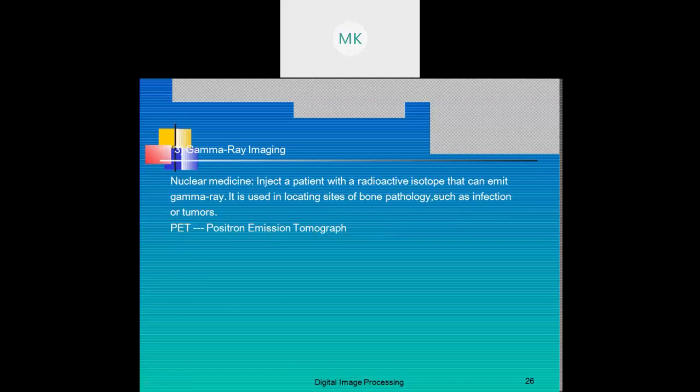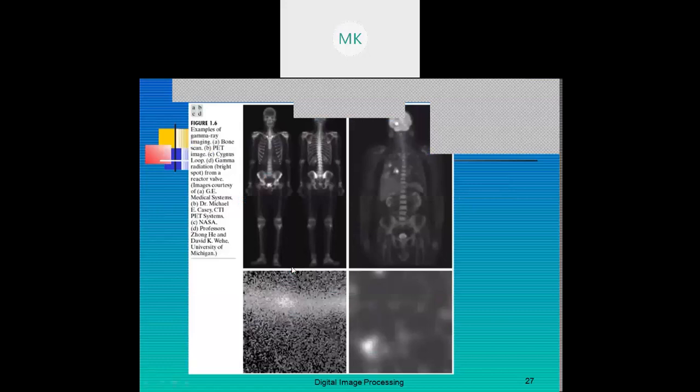Again, angiography can be used as a major application in the area called contrast enhancement radiography. This procedure is used to obtain images of the blood vessels. In this case, a catheter is inserted in order to get the images of the blood vessels. So these are some of the examples where we obtain gamma ray images of the bone marrow.